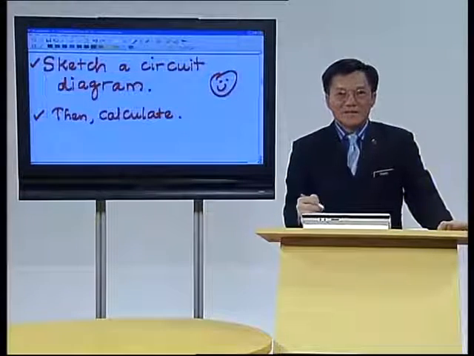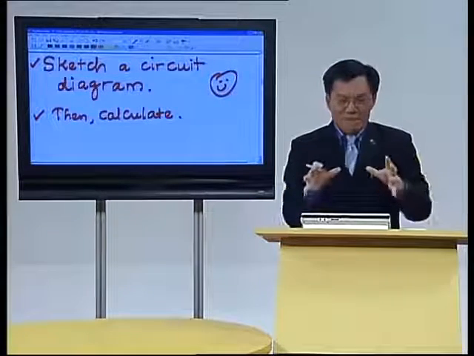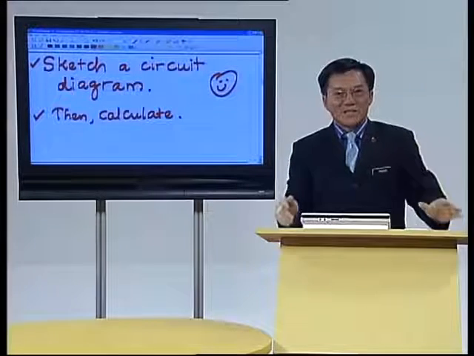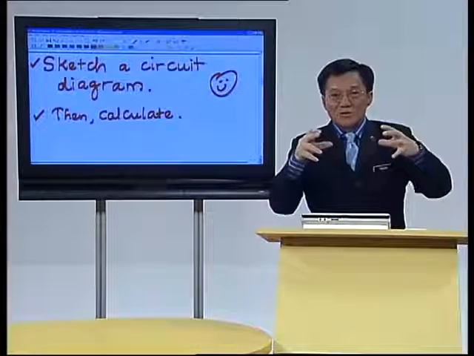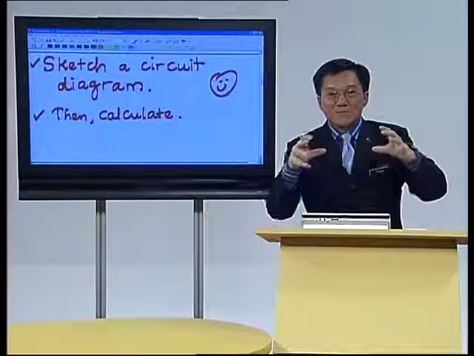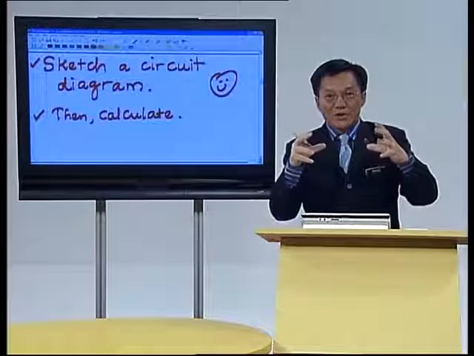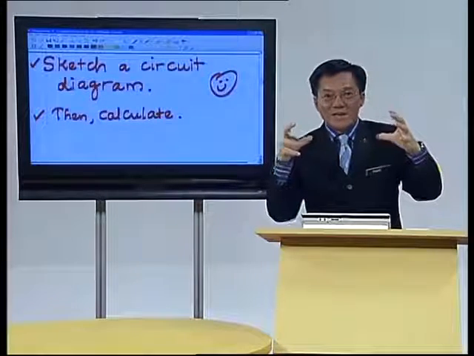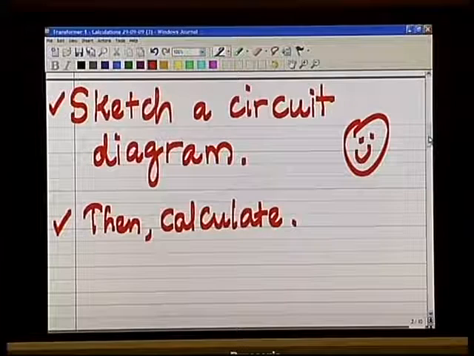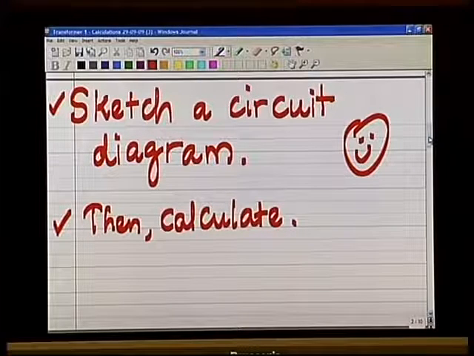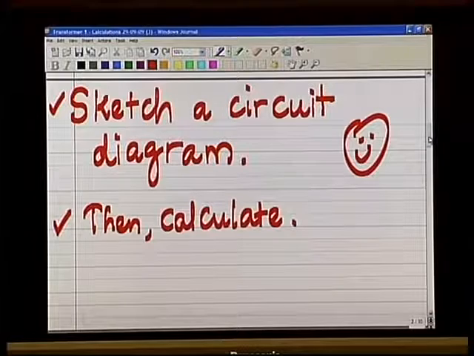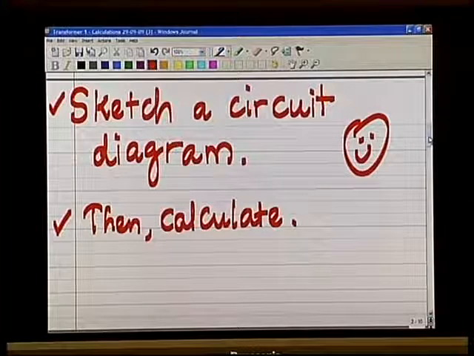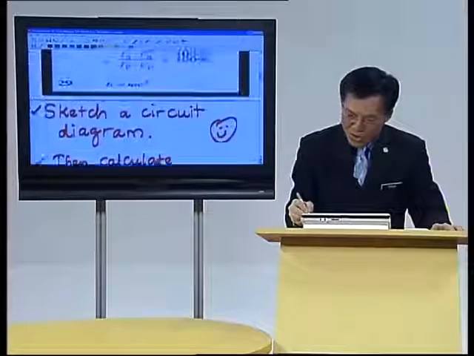Number one, sketch a circuit, a very simple diagram of the transformer. Because when you do that, everything becomes easier. It is concrete, and then you understand it in picture form. And number two, after that, you start doing the calculation. Alright, let us now sketch the circuit first. Let's go back to the diagram.